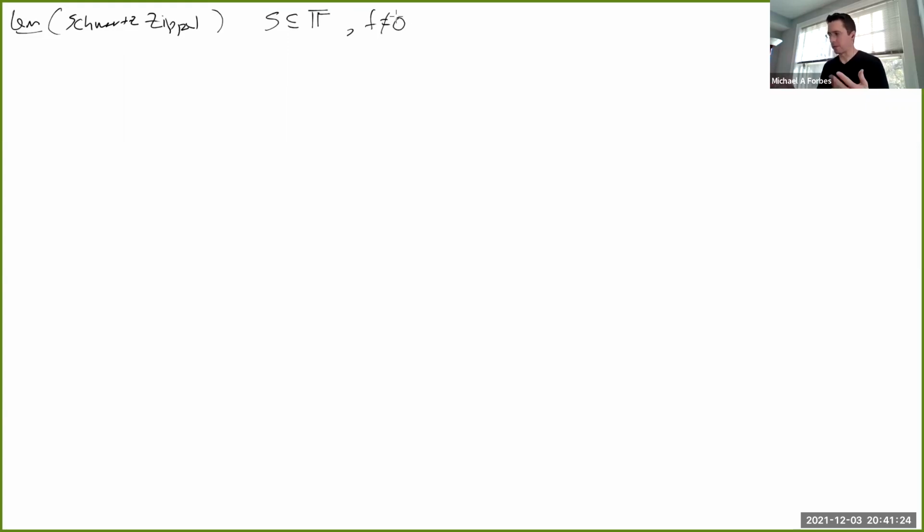I'm not necessarily going to specify, but it's usually an n-variate polynomial of degree d, and so on. The size is maybe not important in this case. Then what happens if we evaluate f at a random point? So I'm going to choose alpha at random from S to the n. So this is an n-coordinate tuple because this is an n-variate polynomial.